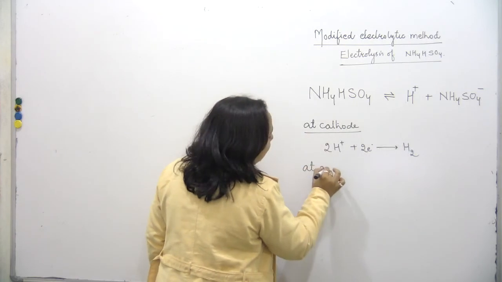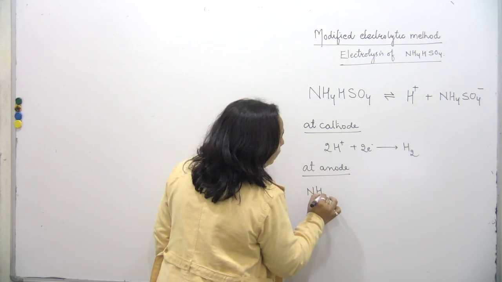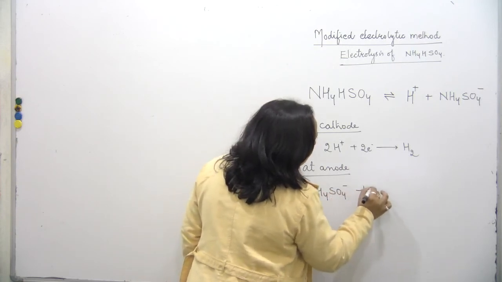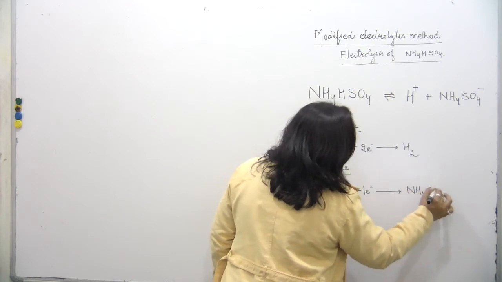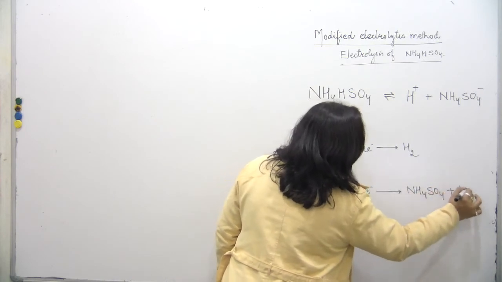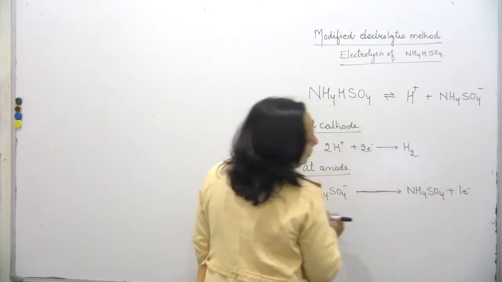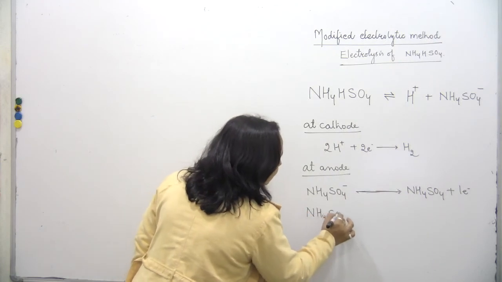At the anode the anion that is going to be there is NH4SO4- minus 1 electron. It is NH4SO4 plus 1 electron. It means an electron is lost, oxidation taking place. This NH4SO4 is not stable.